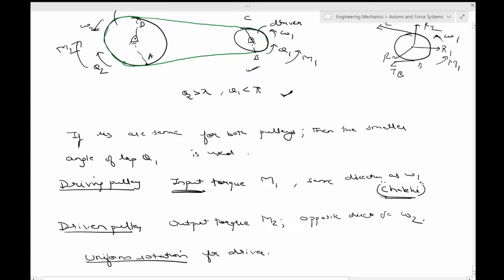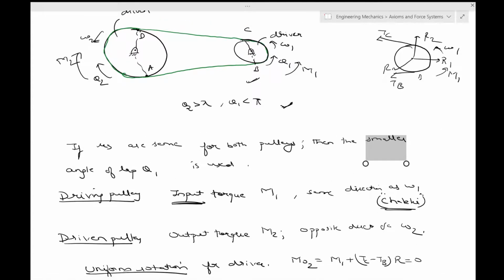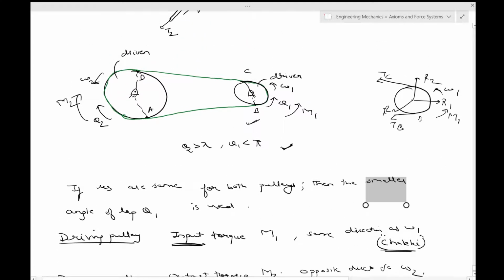Okay, for the driver, MOZ is equal to M1 plus TC minus TB into R, sorry, R was not the resultant, it was the radius. Perhaps we should have separate symbols for this. R is the radius of this.